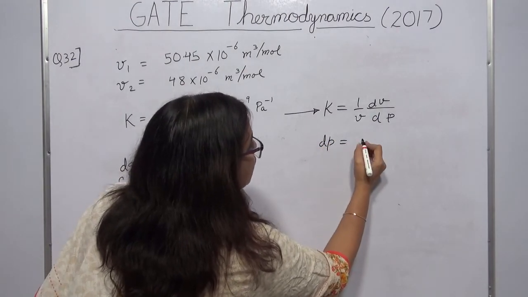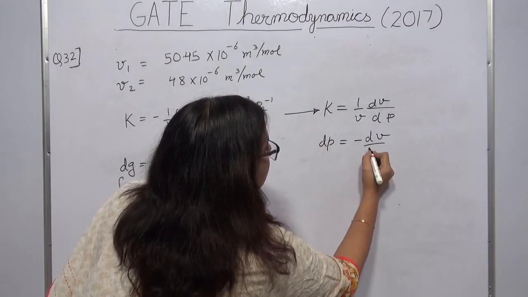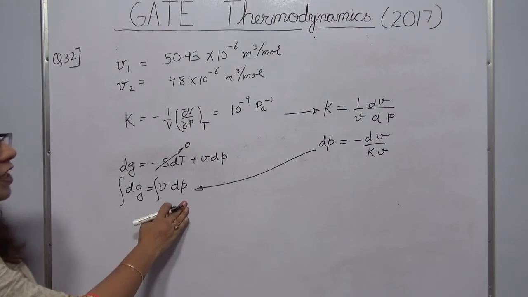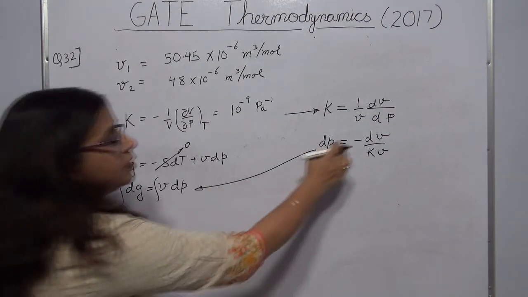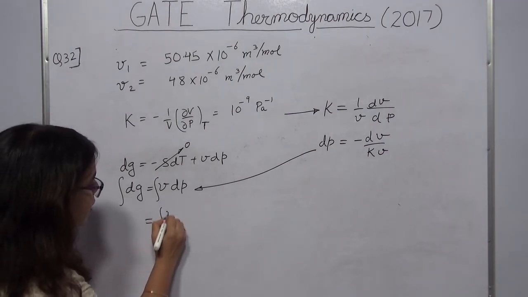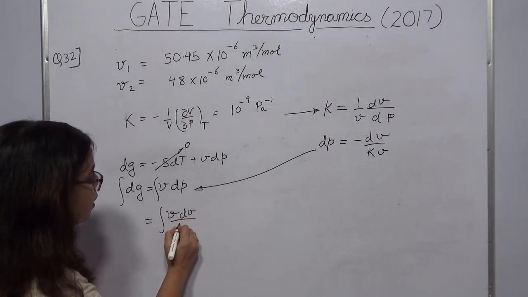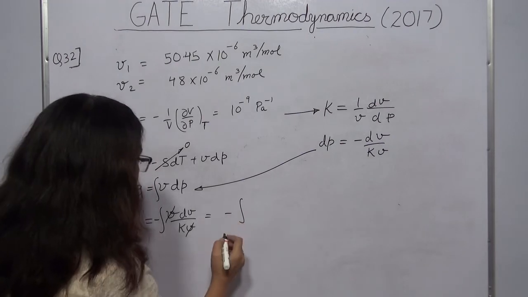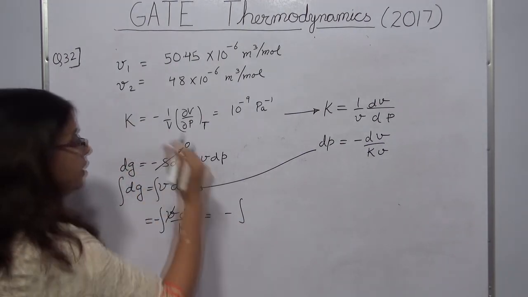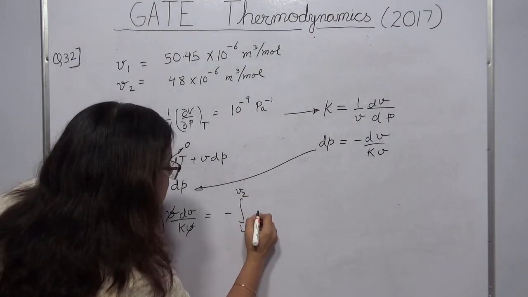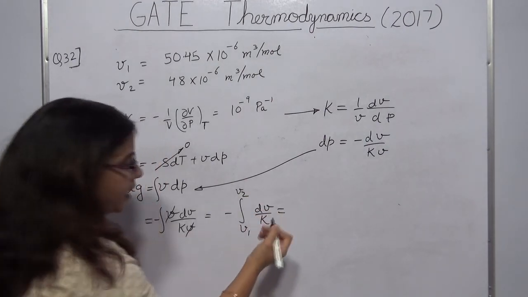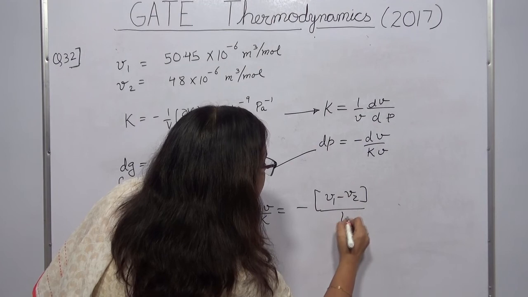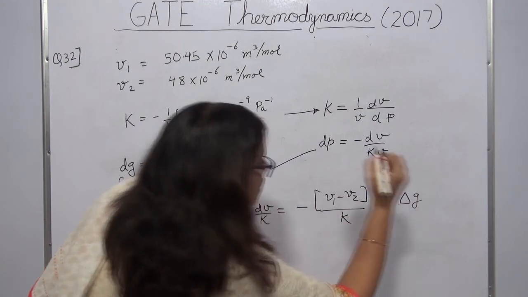So I write dP equal to minus dV upon kappa into V. Now change the variable with respect to which you are integrating, so I put it in terms of V. I get integral V dV upon kappa into V, of course with a minus sign. V gets cancelled. So I have to integrate from V1 to V2 dV upon kappa. What I get is minus (V2 minus V1) upon kappa, and that will give you your change in Gibbs free energy.